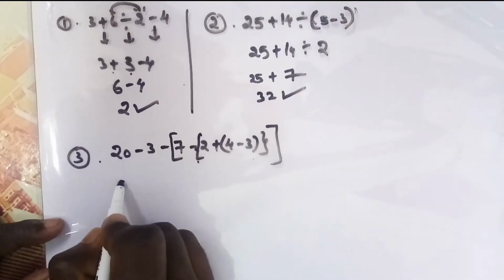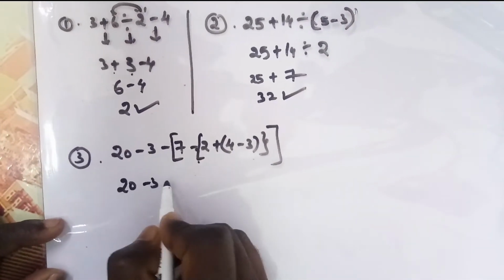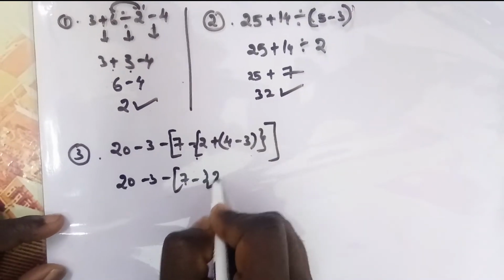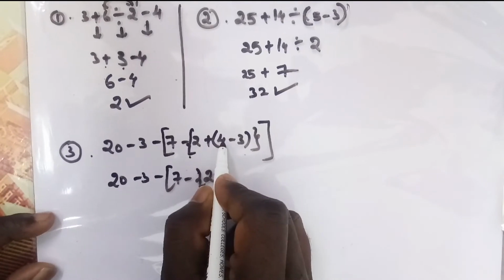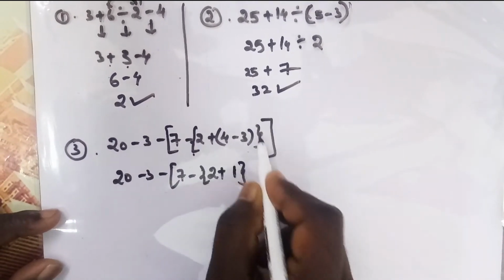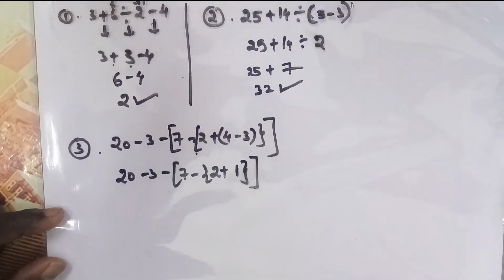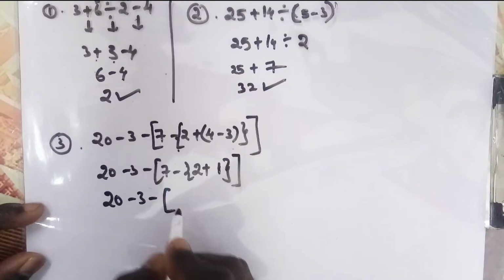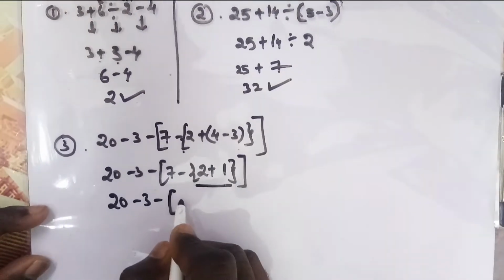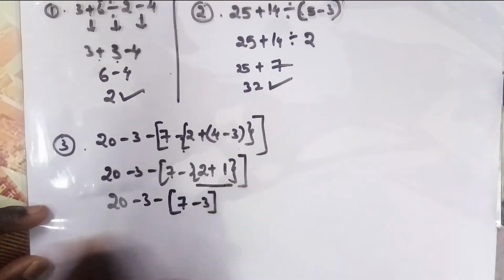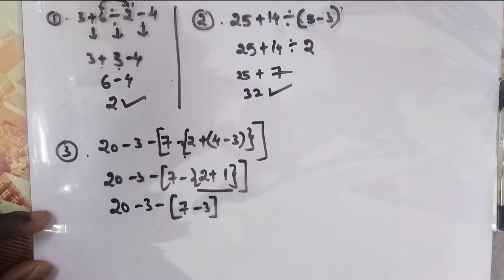This one we will solve first. 20 minus 3 minus this bracket as it is, minus this bracket also as it is, plus we will solve this one. 4 minus 3, this will be 1. This bracket is gone. Then 20 minus 3 minus, then we will solve this bracket. 7 minus 3, this bracket is over.